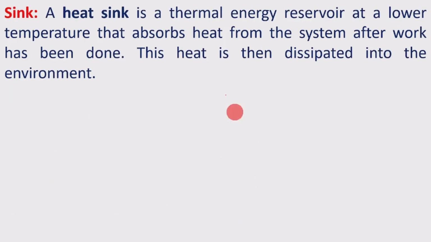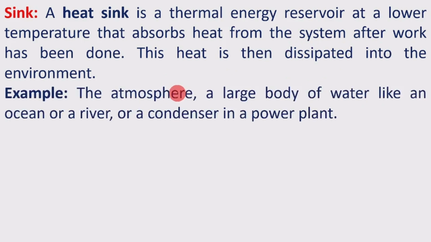Next one, a sink. A heat sink is a thermal energy reservoir at a lower temperature that absorbs heat from the system after work has been done. This heat is then dissipated into the environment. Example: the atmosphere, a large body of water like an ocean or river, or a condenser in a power plant, to which the heat will be rejected.